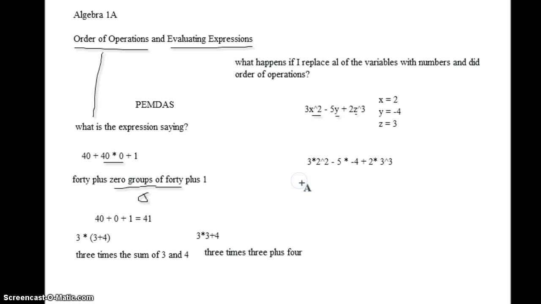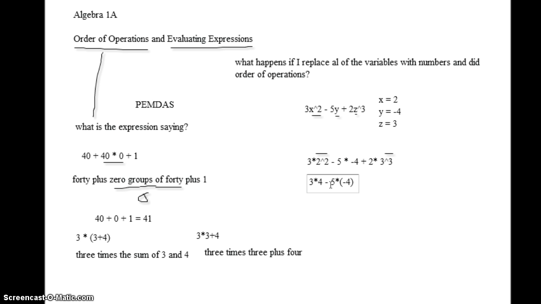If you did your order of operations, you would understand we have to square these. You've got to remember exponents stand for something. So first you rewrite it: 3 times 4 minus 5 times, let's put parentheses around this negative 4, plus 2 times 27.